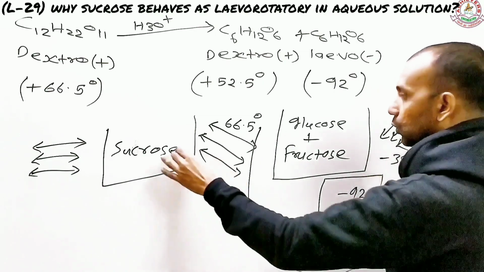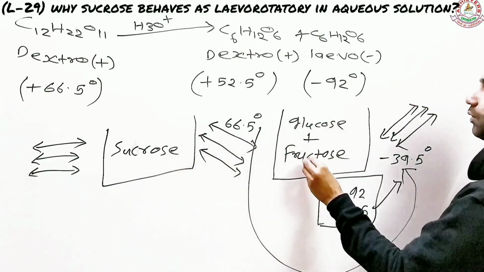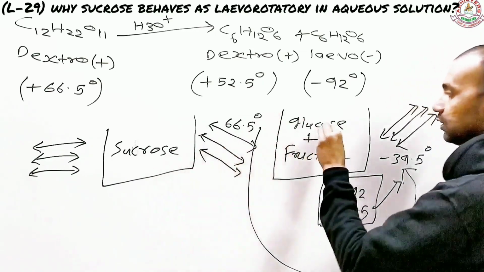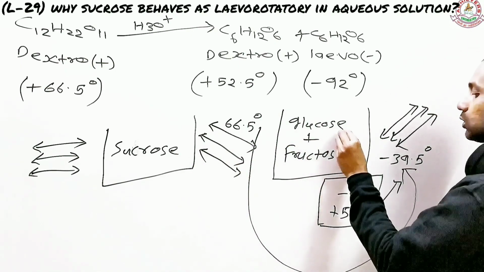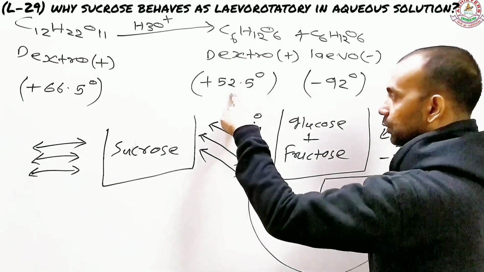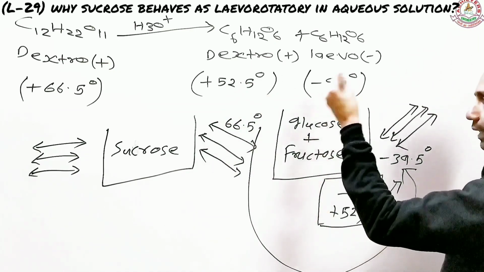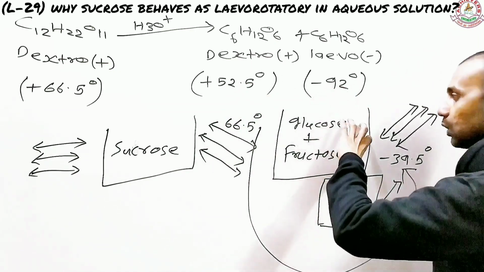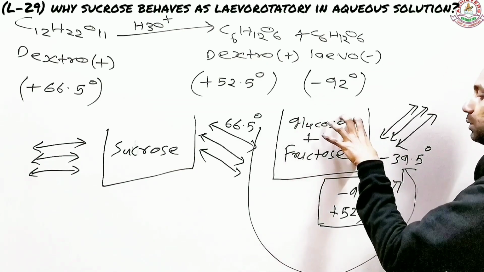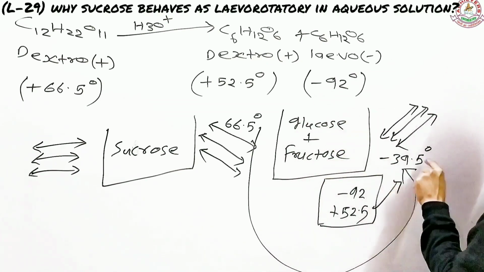Why? Because the sucrose breaks into glucose and fructose. The glucose rotation is positive 52.5 degree. However, the fructose rotation is minus 92. So the sum of the rotation given by this mixture is only minus 39.5.